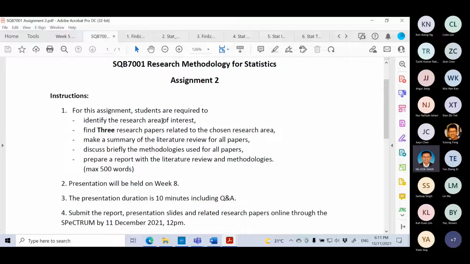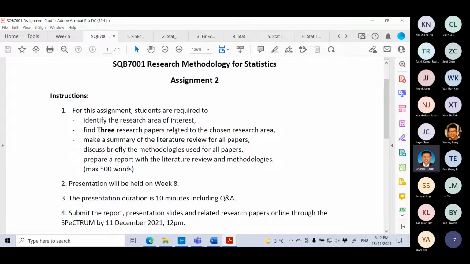Then you summarize whatever the papers have summarized. You make a summary of these 3 research papers.